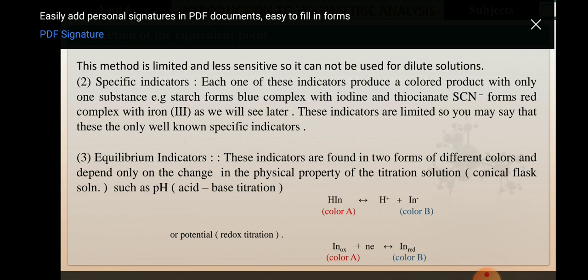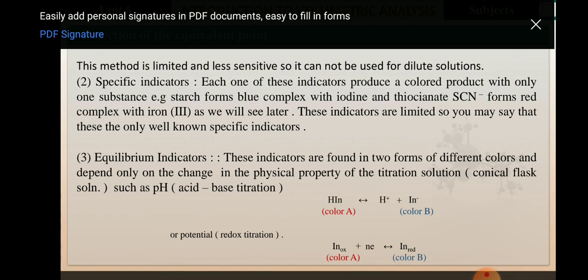And the equilibrium indicator. These indicators are found in two forms of different colors, and it depends only on the change in the physical property of the titration solution, that is the conical flask solution, such as pH in acid base titration.